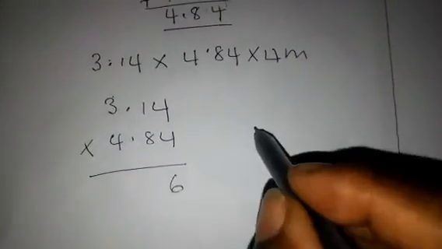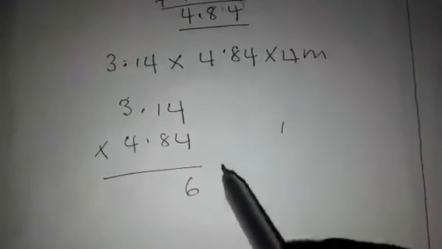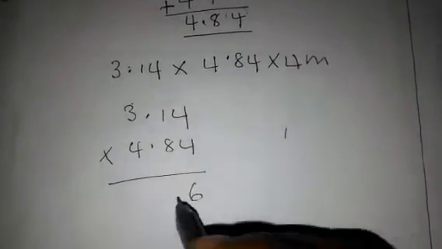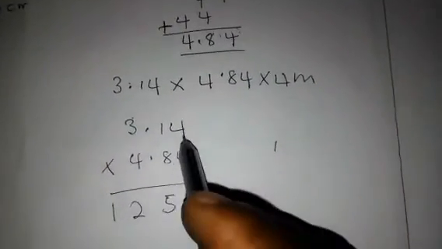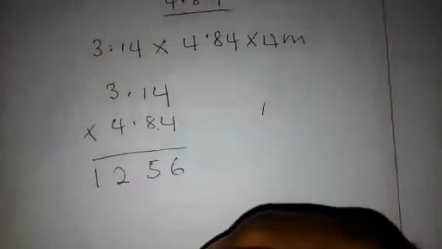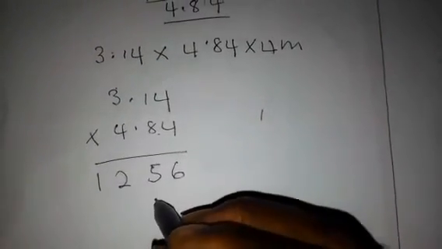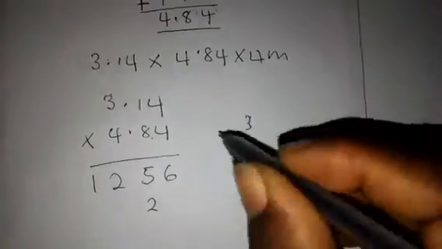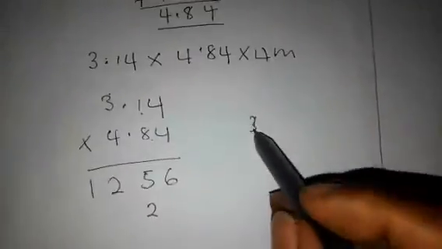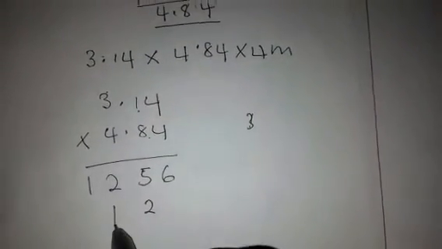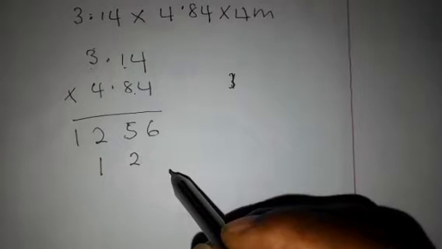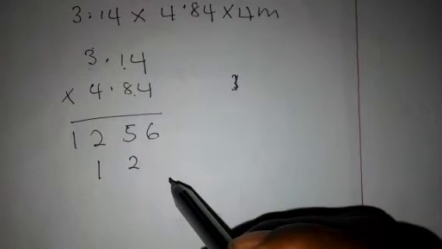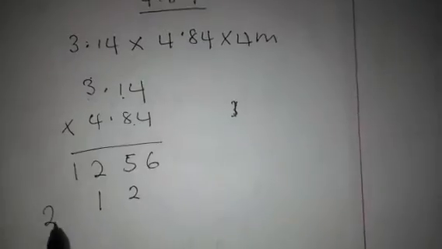You write 6, remainder 1. 4 times 1 is 4 plus 1, 5. 4 times 3 will give us 12. Then 8 times 4 gives us 32. You write 2, remainder 3. 8 times 1 is 8, plus 3 gives us 11. You write 1, remainder 1. 8 times 3 gives us 24, plus 1 gives us 25.